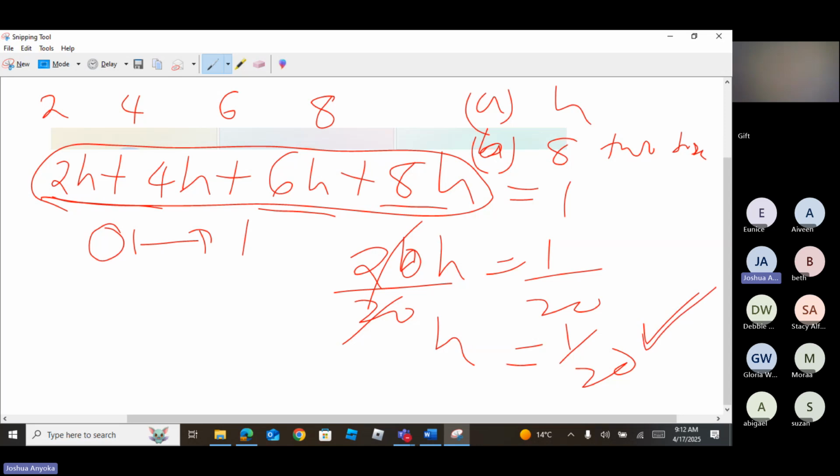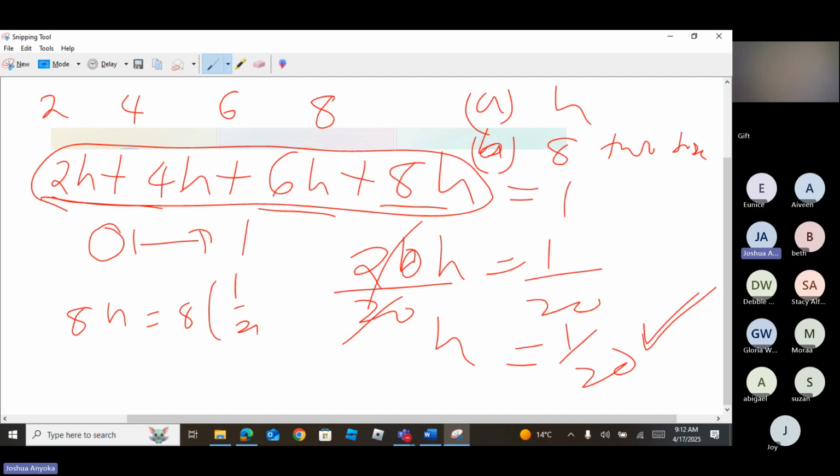Now, next question, we are told to determine the probability that when it is tossed twice, the two faces that show up will both be 8. So the probability of 8 will be 8H. 8H is 8 into 1 over 20, which is 2 over 5.